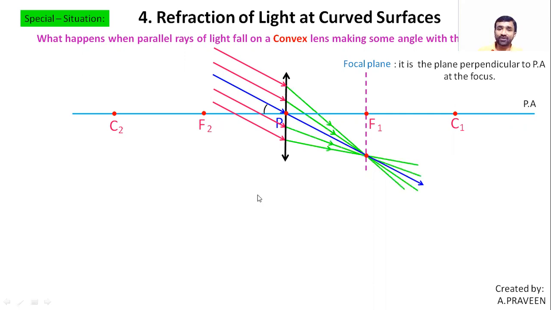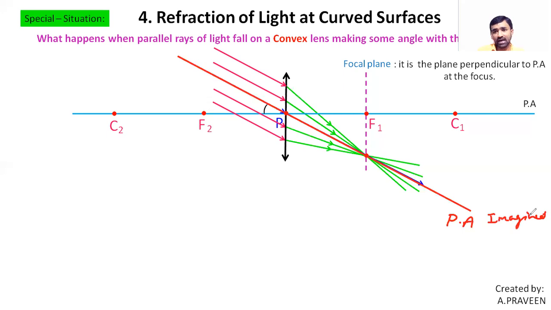So after refraction, those light rays are going to meet each other at that common point. Why, sir? Just look at this. I am observing this is the imaginary principal axis. This red color line drawn now, right? So this is what for me? Imaginary principal axis. I imagined.